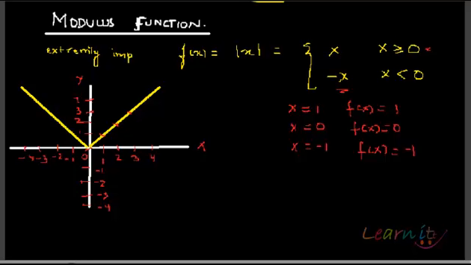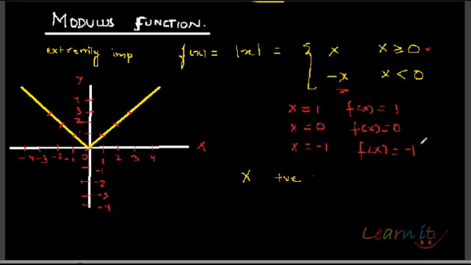So essentially, just like what we saw in the identity function, the right hand side is your identity function and the left hand side is also cutting through equally. Okay, so 45 degrees on the left, 45 degrees on the right. That's what your modulus function will actually look like.